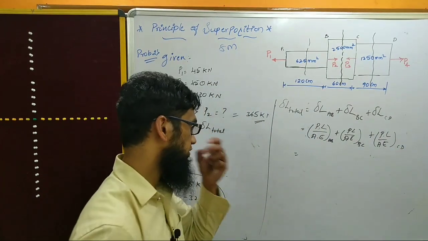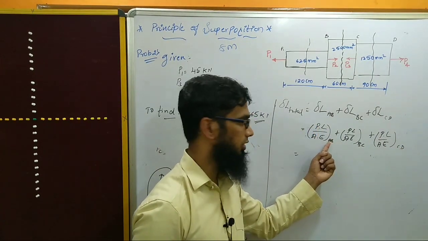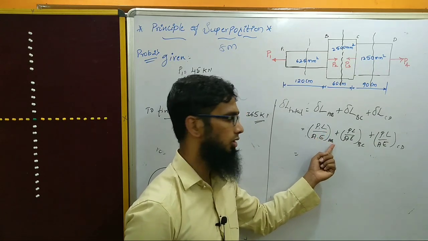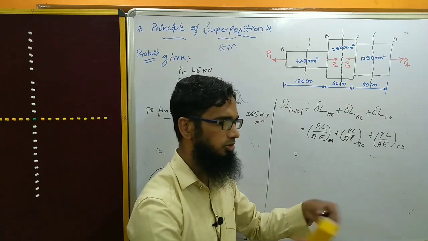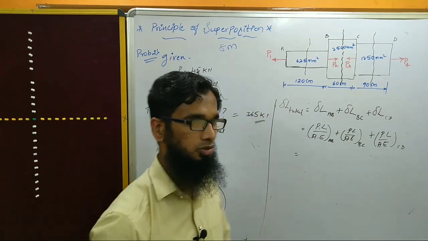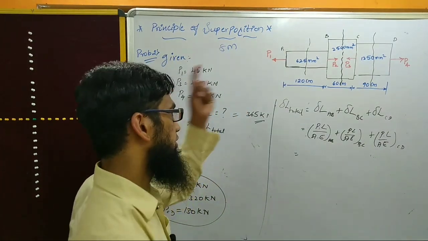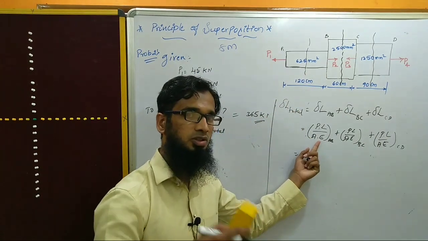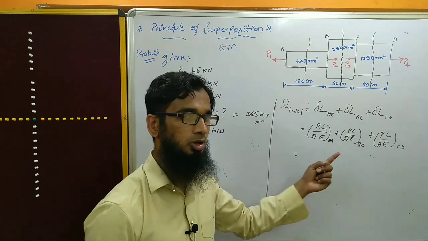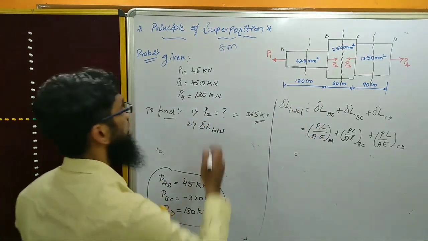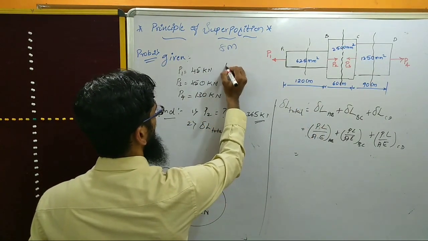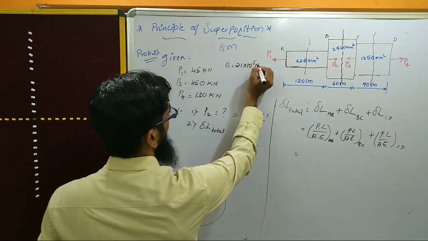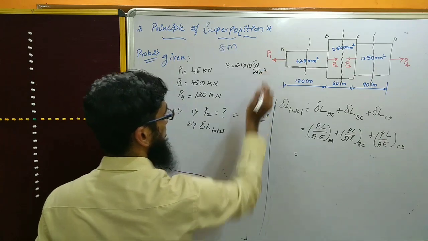Now this PAB, the length of AB, the area of AB, the Young's modulus of AB, this kind of thing we have to substitute here. Now, the problem data given is that the Young's modulus is the same for all the sections, 2.1 into 10 power 5 Newton per mm square.